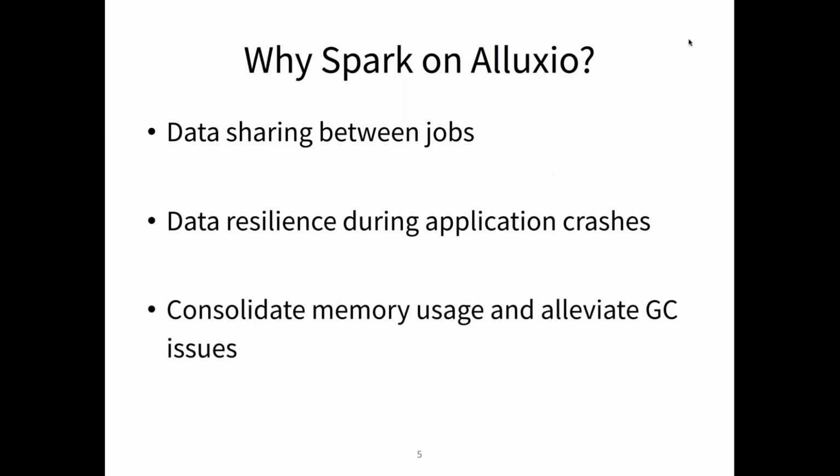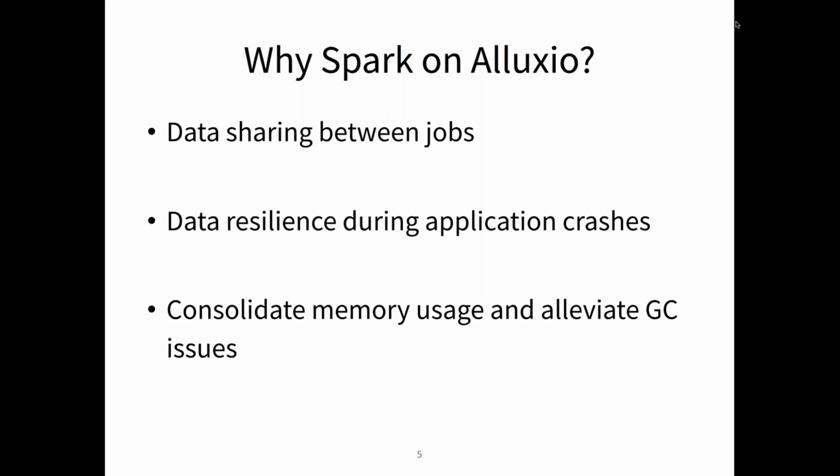So last, Alluxio can also help Spark jobs consolidate memory usage and alleviate the GC issues. As you may know, Spark is written in Scala and it's JVM based. So GC is always an issue if some JVM applications are using a lot of memory.